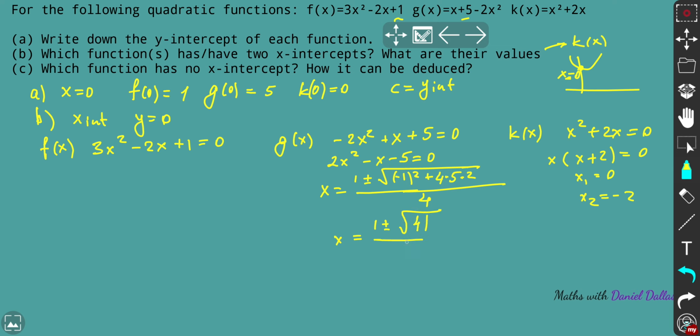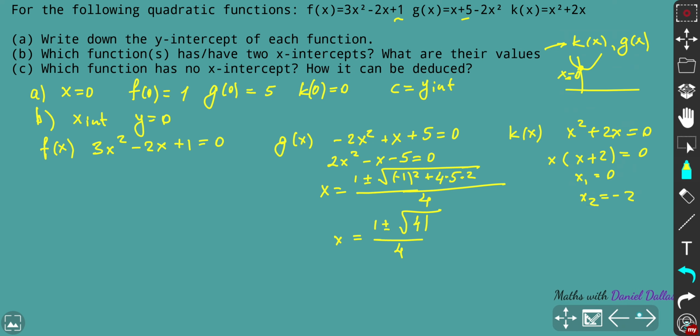I leave it like this, but if you like you can use a calculator and calculate. So that's why it also has 2 intercepts, so I put also the function g, in this case this is g(x).